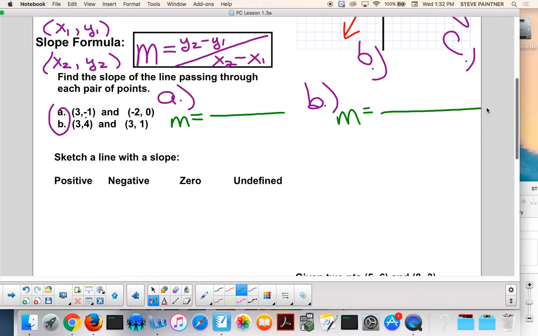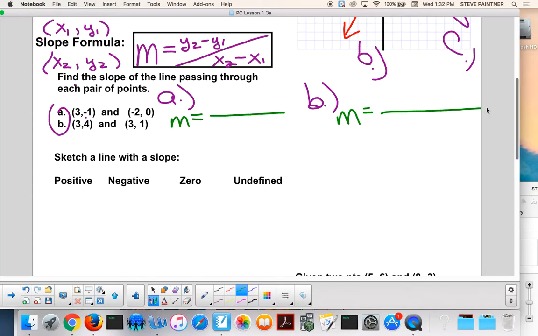What does that say? All right, let's try this.